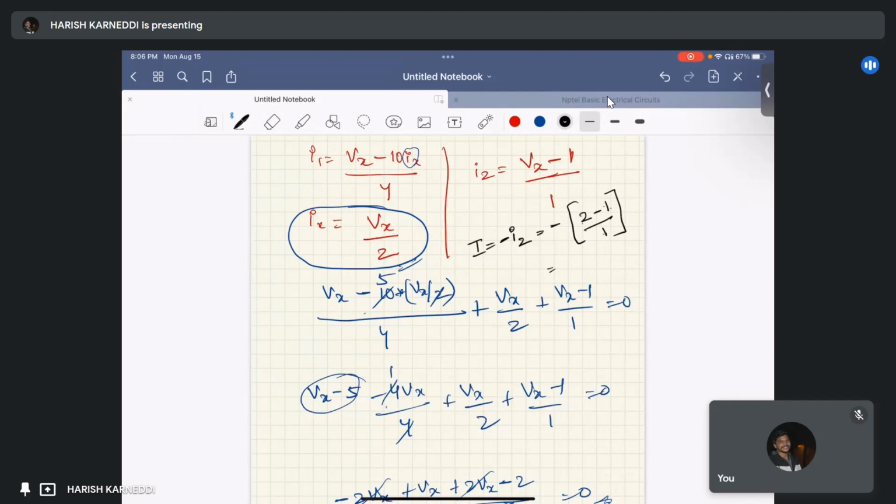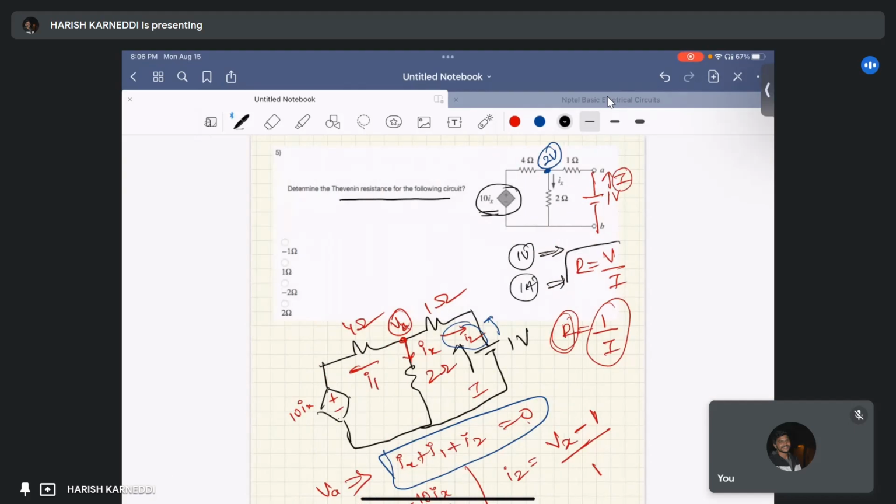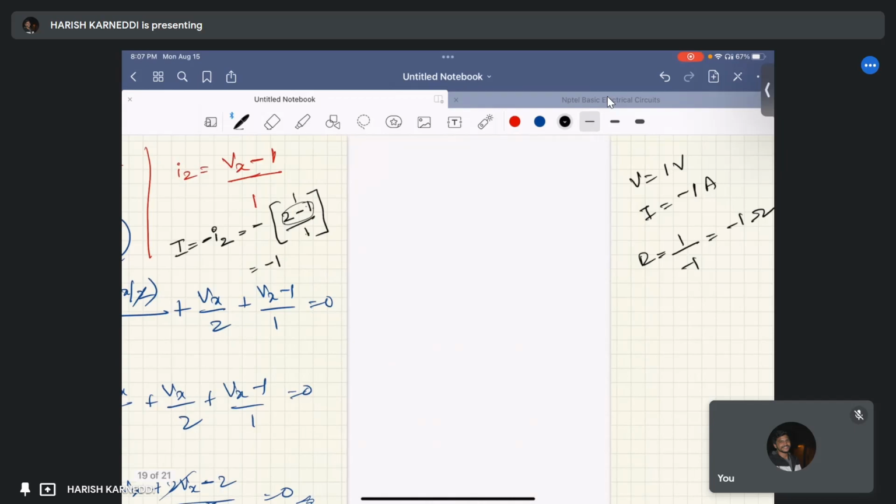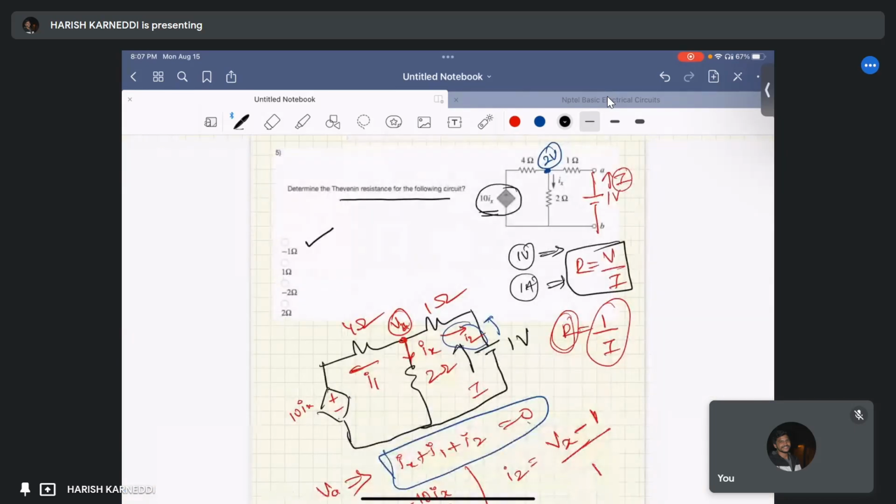What is this value? 2 minus 1 means 1, 1 by 1 minus 1, that is minus 1. So previously we defined our R equal to V by I, our V equal to 1 volt, our I equal to minus 1 amp. So our resistance is 1 by minus 1, that equal to minus 1 ohm, right? So the Thevenin's resistance is minus 1 ohm.